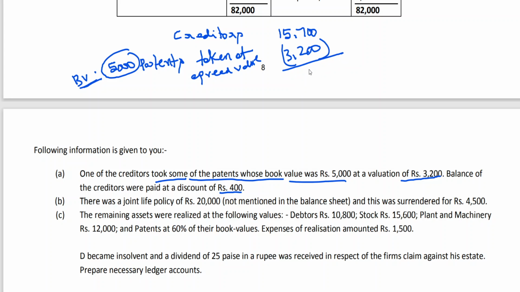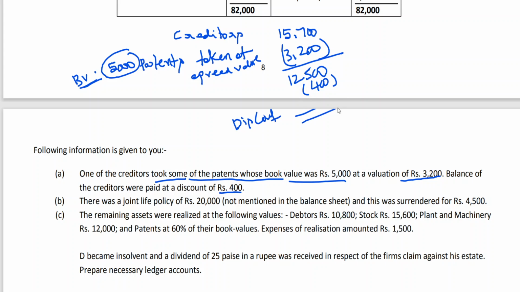So what is the balance of the amount that is to be paid in cash? 15,700 minus 3,200 is coming to 12,500. This balance of creditors 12,500 was paid at a discount of 400 rupees. Now it is coming to 12,100.